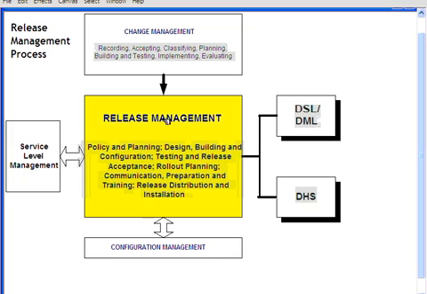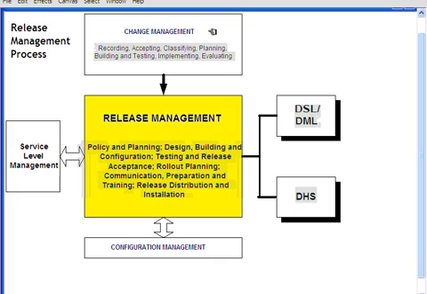Then we can see here the relationship as it works with change management, and I mentioned this earlier. Release management and change management are tightly coupled, and your manager may be in charge of both of these services. Here are the change management actions that we talked about in the previous Nugget movie: recording, accepting, classifying, planning, building and testing, implementing and evaluating.